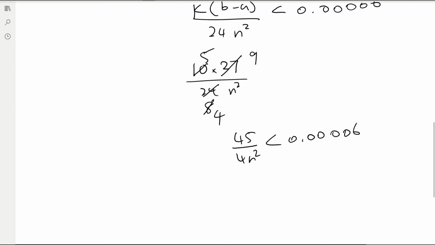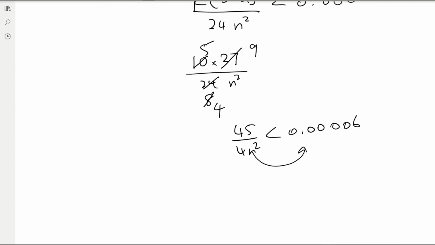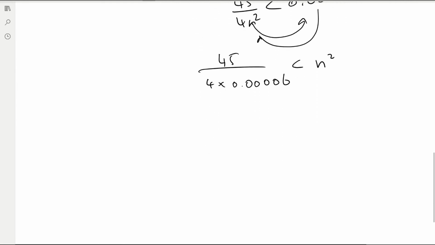0.00006. So switch, n squared to the right, this to the left, so 45 over 4 times 0.00006 is less than n squared. Now you can plug this into the calculator and take the square root. That's okay, but I'll go a step ahead and show you how to rewrite this, if you had to do it like this in the exam or in a quiz.